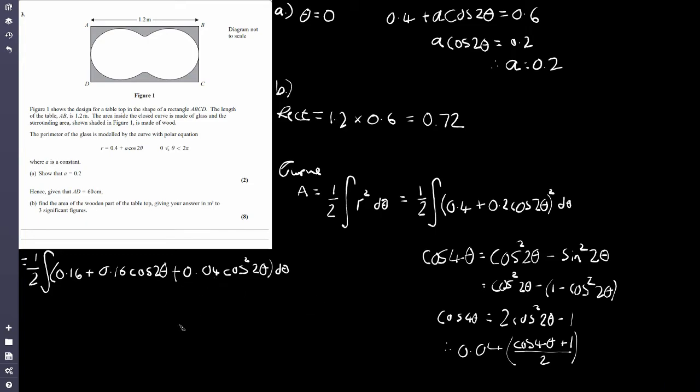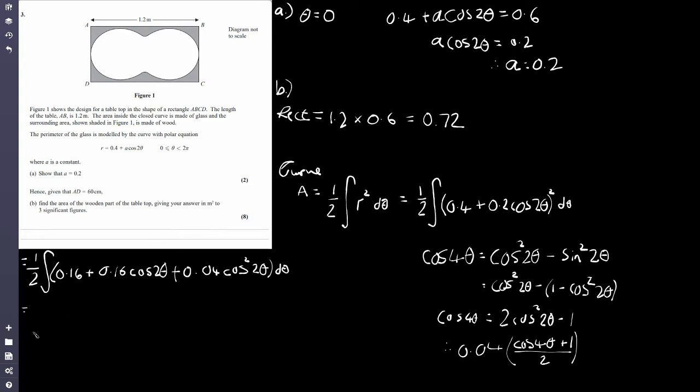I might just run out of room here. I'm going to pray that I don't. Let's see if we can do it. So a half times this integral, and where I've got this 0.04 cos squared 2 theta, this is what I'm going to replace it with. I'm not actually going to show expanding this, but that's what we've got. And don't forget, I've got 1 over 2 here, so that would be a half times 0.4, so I'm going to get an extra 0.02.